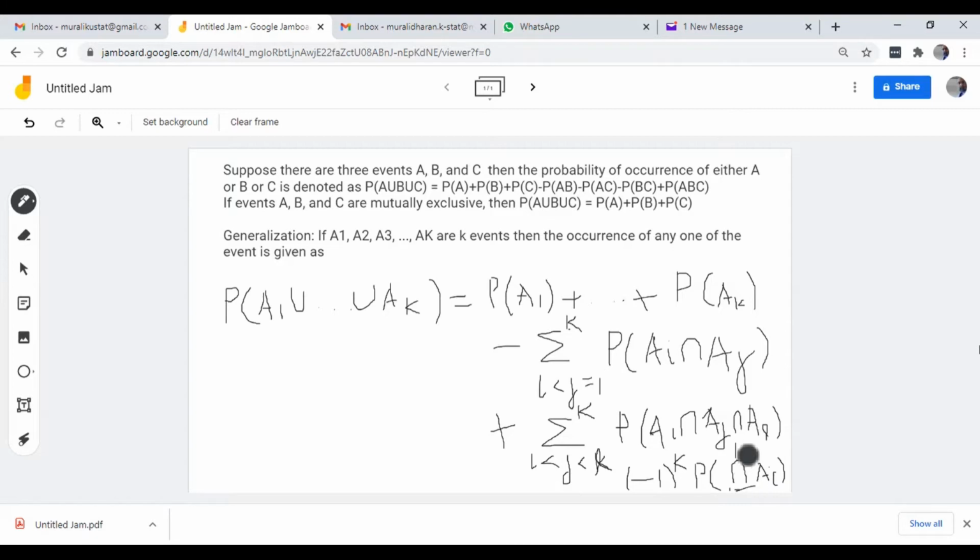Write it in the proper sense. This also I will put in summation notation, maybe in the next step.